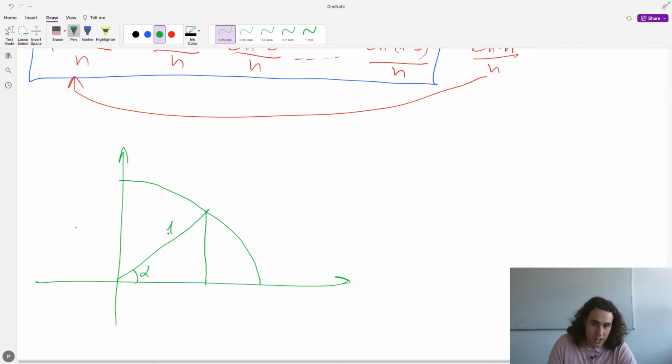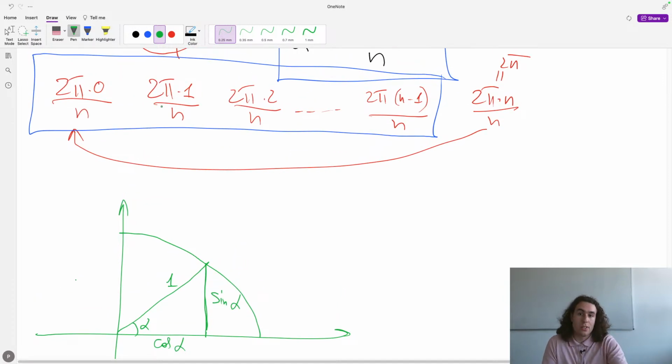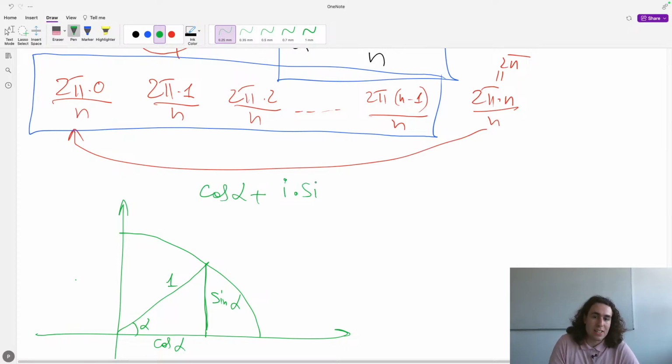and this is 1. So what is the sine of alpha? Sine of alpha is this side over 1. So this side is actually just equal to sine of alpha. And this is equal to cosine of alpha. So if we're interested in a value on a unit circle with some specific angle alpha, it's just cosine of alpha plus i times sine of alpha.